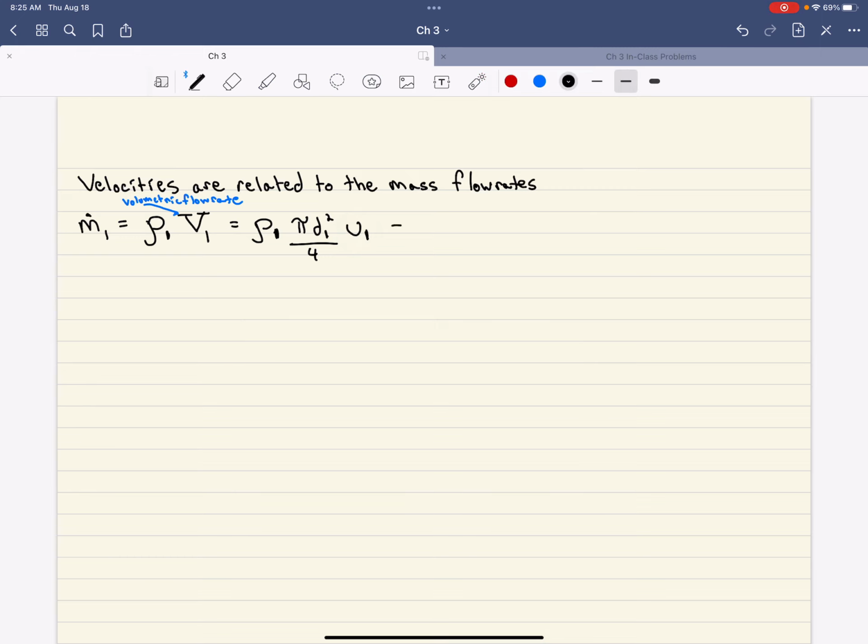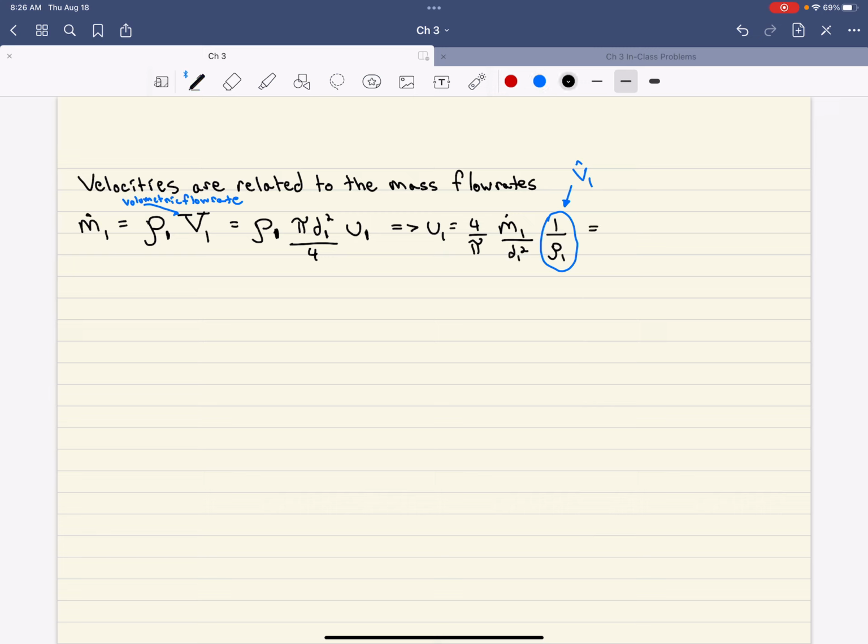In fact, we could rewrite this equation to solve explicitly for the velocity. Furthermore, we're dealing with a density here, but another way we could rewrite this, because we know that the inverse of density is the same thing as a specific volume, v hat.